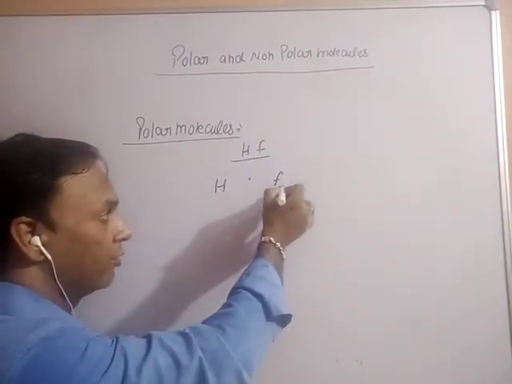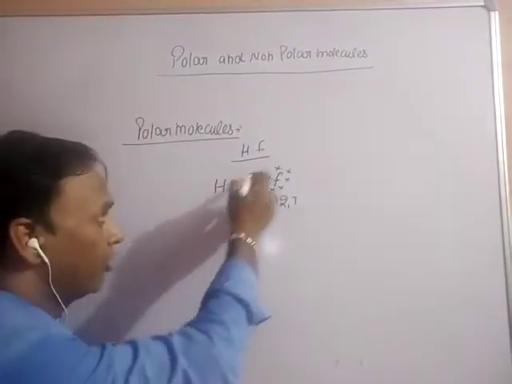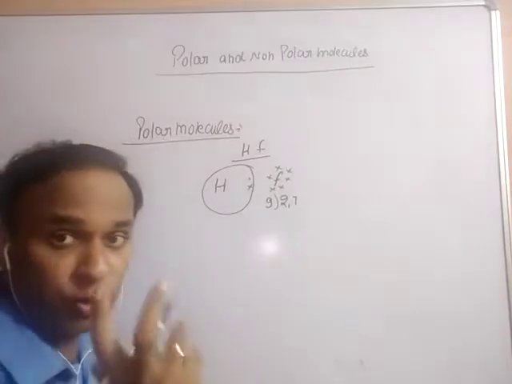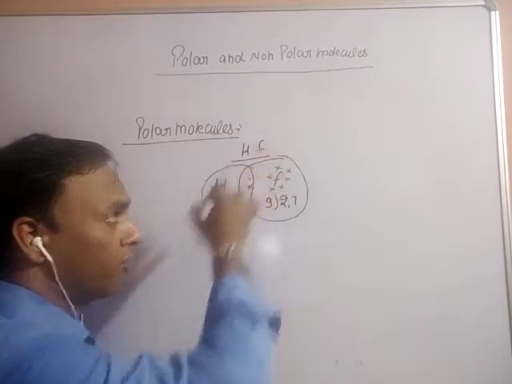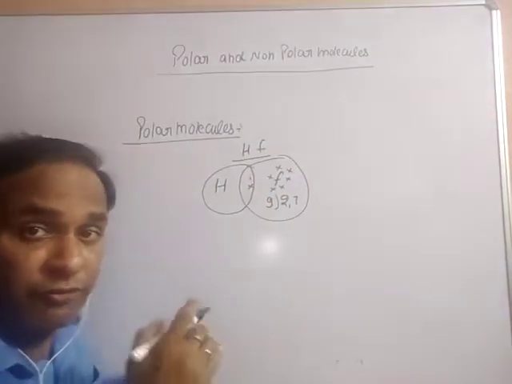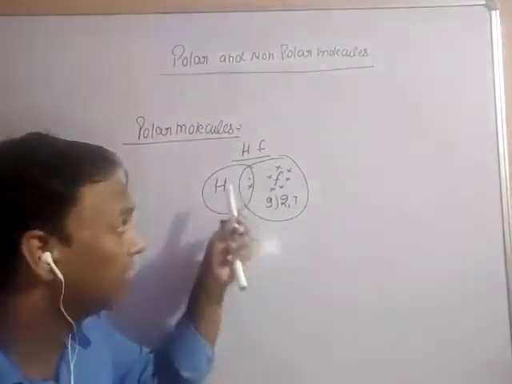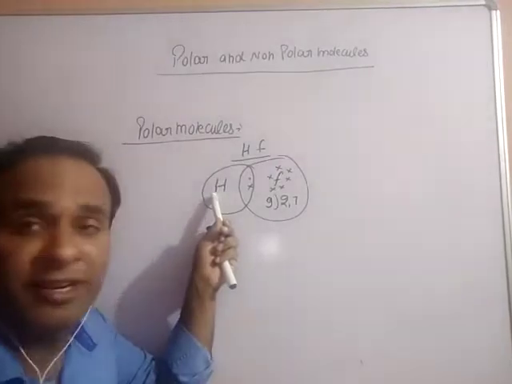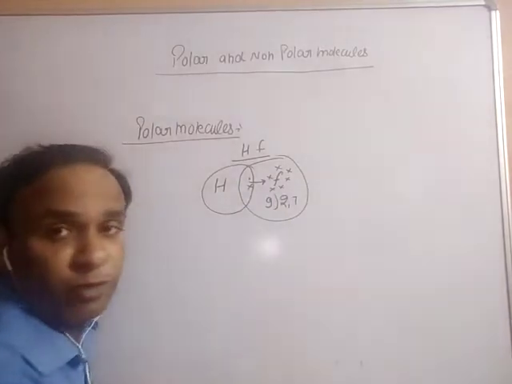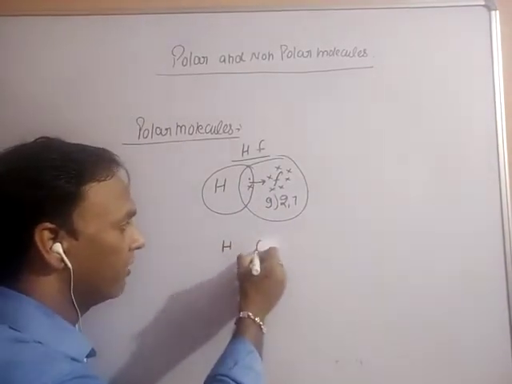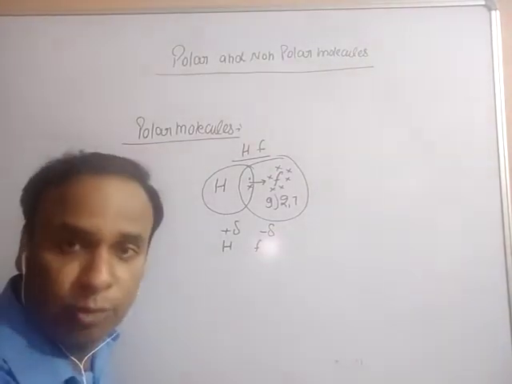Hydrogen has the tendency to accommodate only 2 electrons because it follows the doublet rule, while fluorine follows the octet rule. Clear? When we compare the electronegativity between hydrogen and fluorine, the electronegativity of fluorine is much greater than hydrogen. That's why the shared electron is shifted towards fluorine. That's why fluorine acquires partial negative charge. On the other hand, hydrogen acquires partial positive charge.